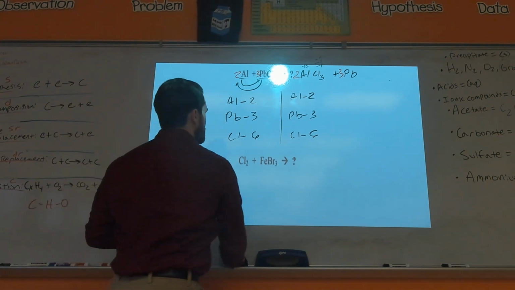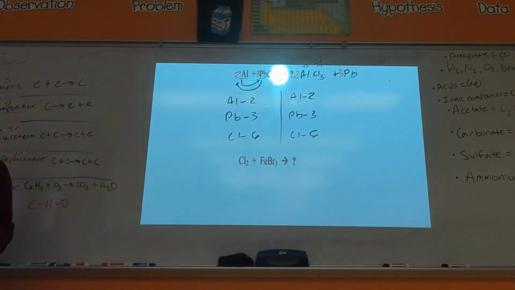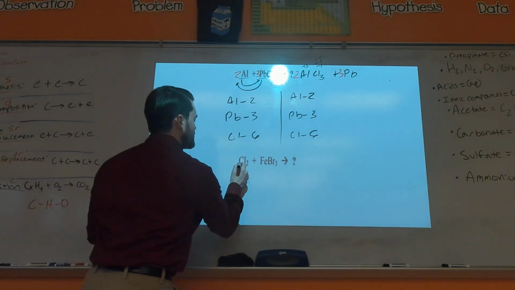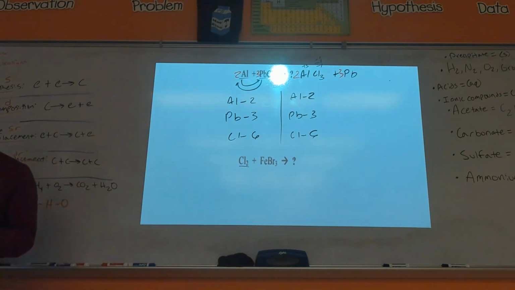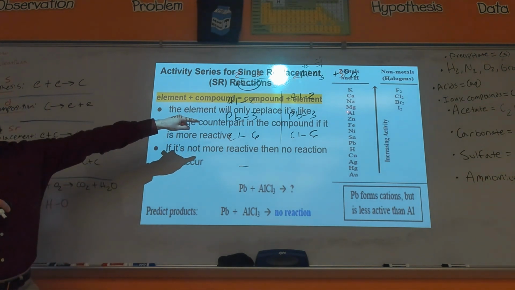All right. Looking at the last one, Cl2 plus FeBr3. So focus on the element by itself, chlorine. Ask yourself, yeah, what's up? Sorry, so if the element is higher up on the list, that's what wants to be switched? Like, switch it if it's higher up? Yes, if so, aluminum, the reaction happened here because aluminum is higher up.